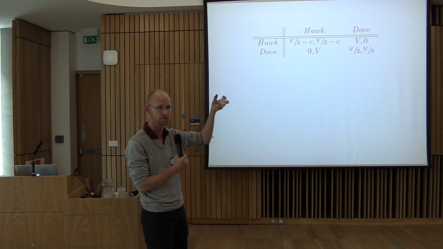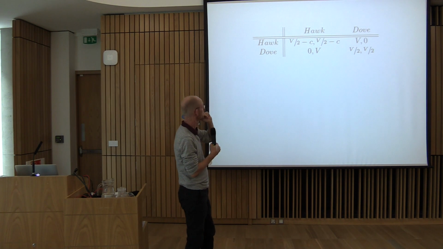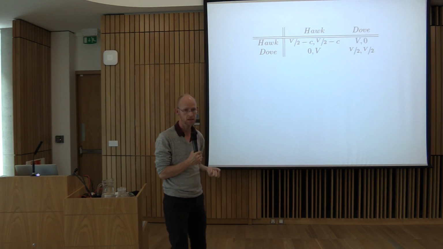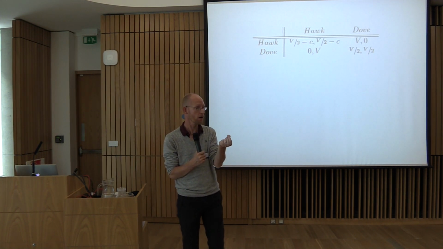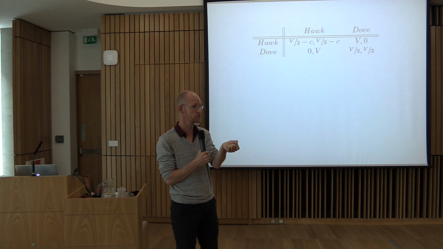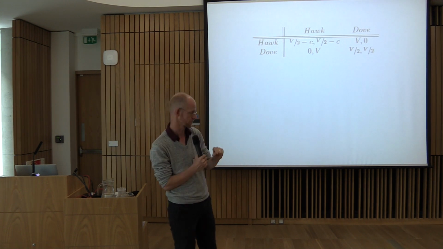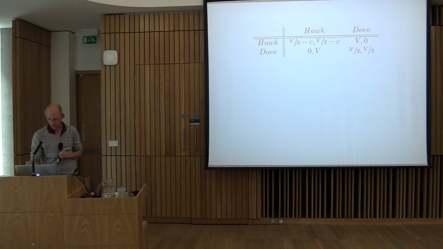He gets all the points, V for victory, and the other way around. If they both are doves, they divide the points between them, and if they both play hawk, they also divide the points between them, but because they fight, there's a cost. So this is the general setup of this game.